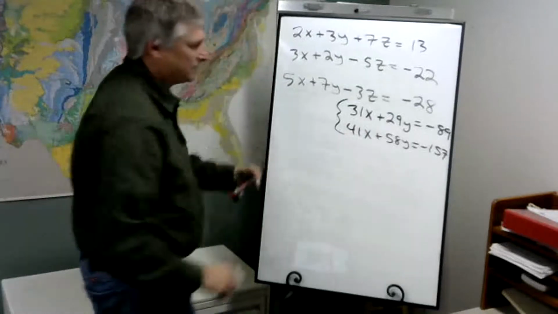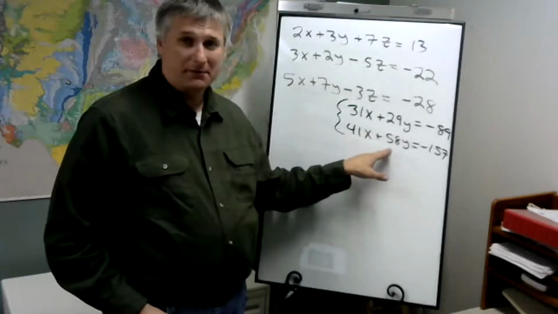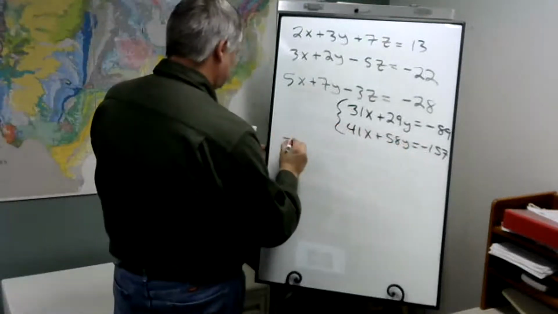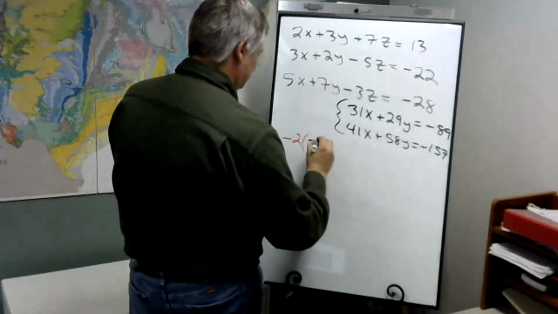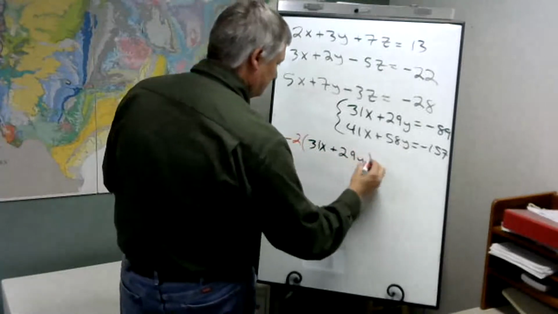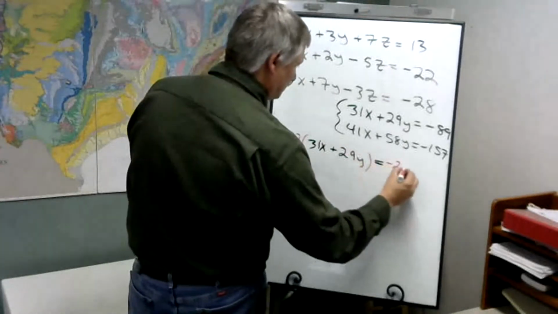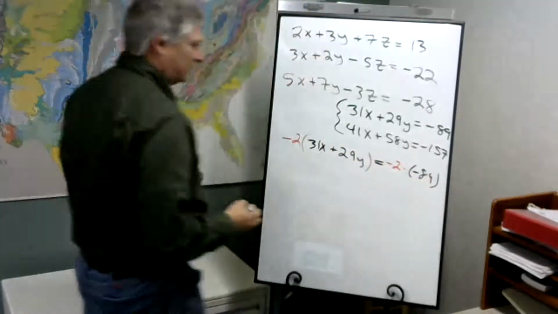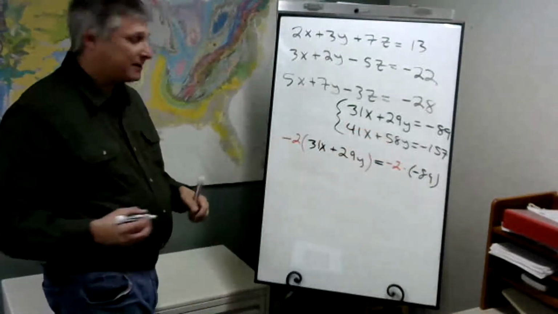Now what we could do is, this is actually half of this. So if we multiply this through by -2, that will give us a -58, which would cancel with this if we add.